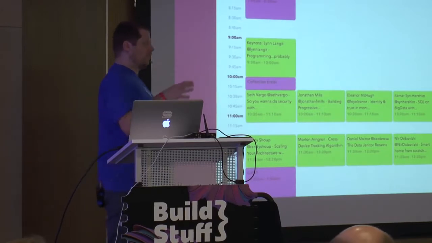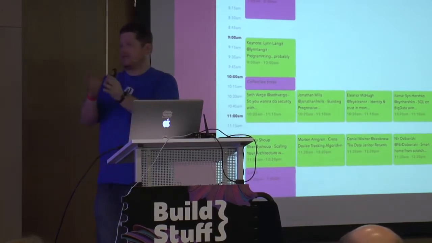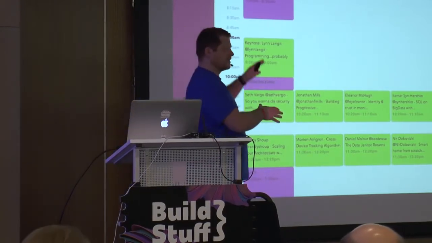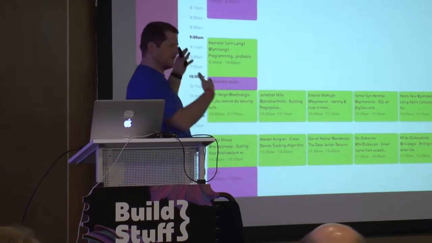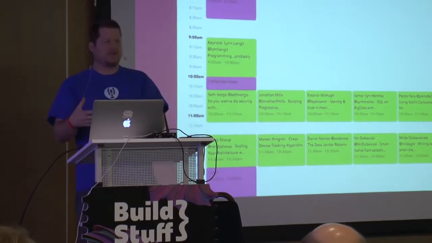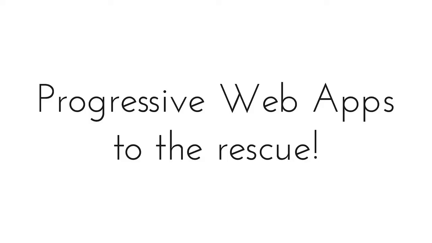And so what I'm going to focus on today, because I only have 45 minutes, is we're going to focus mostly on this problem. I'm going to show you a bunch of other stuff, but we're going to focus mostly on this. How can I make my web page work when I don't have internet access? Okay, so progressive web apps solve this problem.